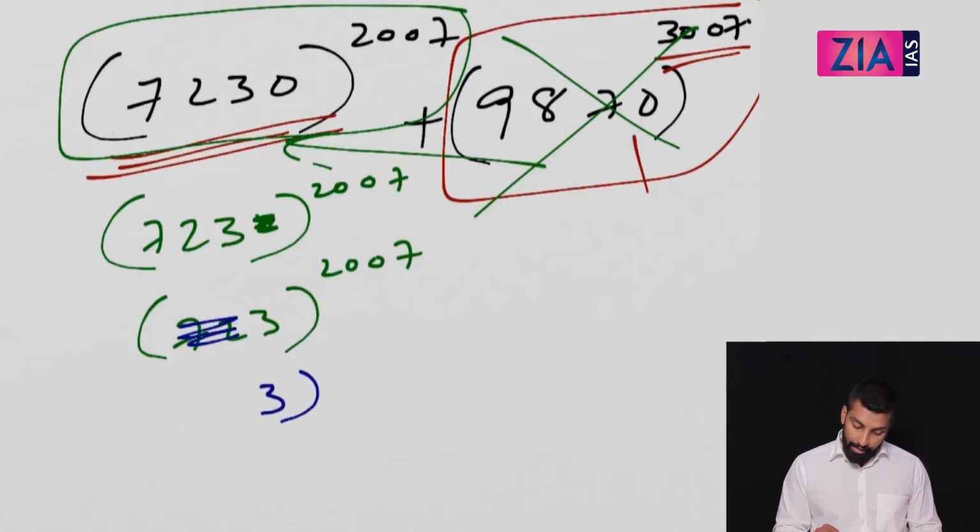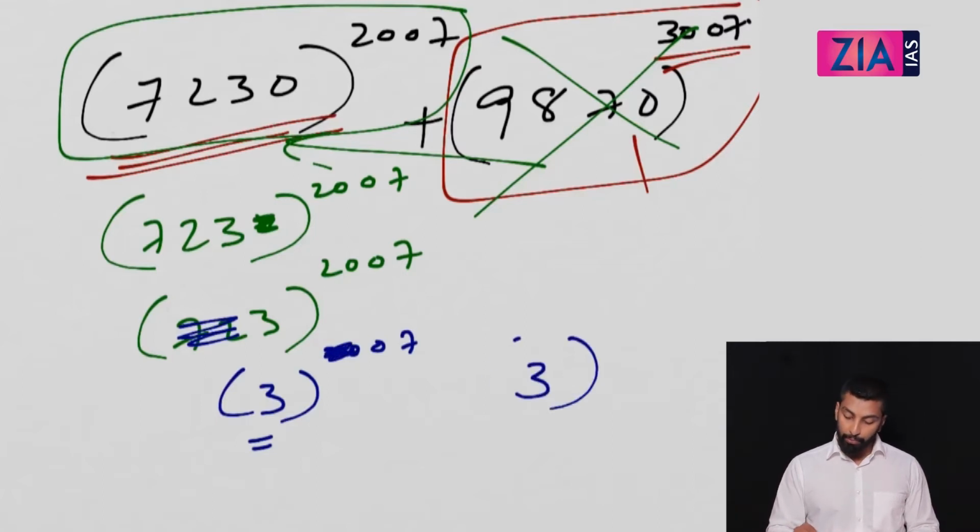So you'll write it as 3 raised to 2007. Since the power cycle of 3 is 4, this 2 is also not important for you. So you'll write it as 3 raised to 7. 3 raised to 7, you can also write as 3 raised to 3 because the power cycle is 4. We have already discussed this, right? So then what is your answer? Answer is 7.